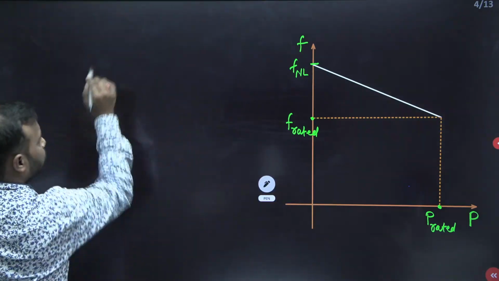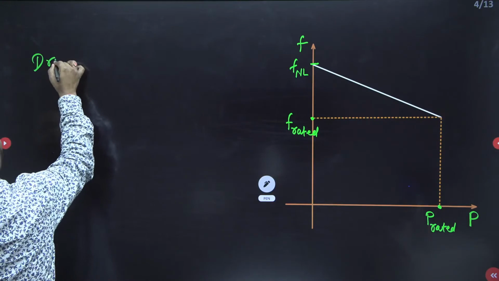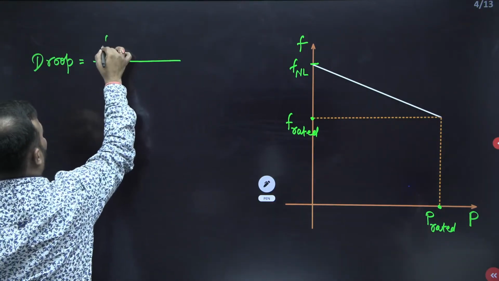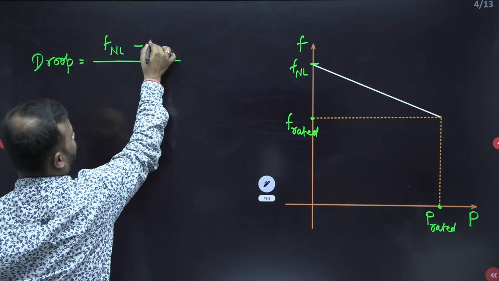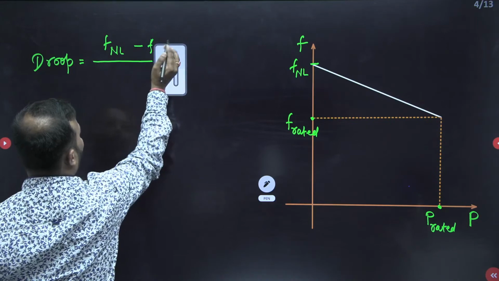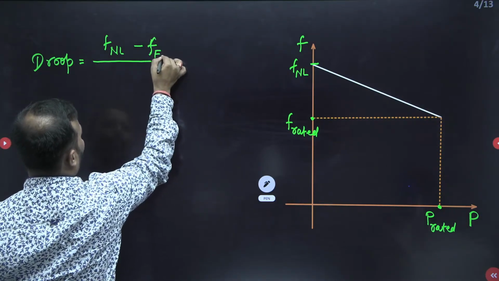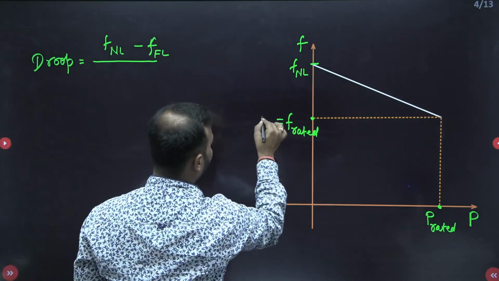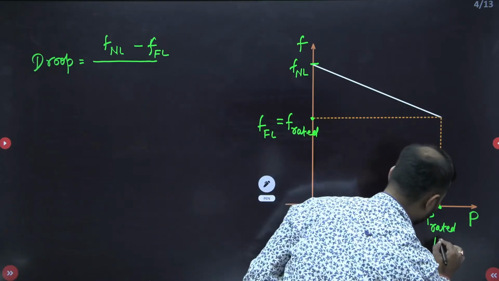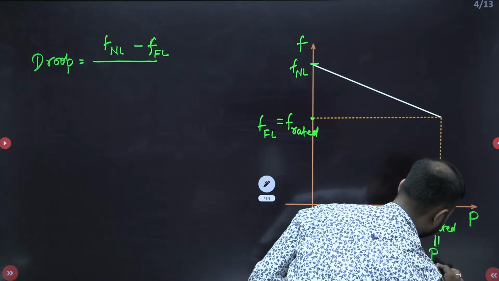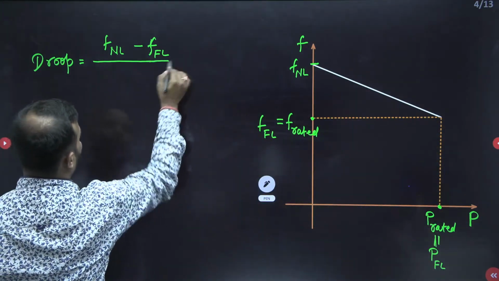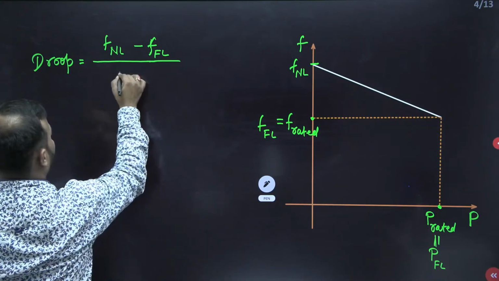Okay, so basically from here droop is equal to the change in frequency from no load to full load or rated load. Let me write FL, full load. This value is nothing but the rated frequency at full load, and this is also the power at full load, divided by P rated.